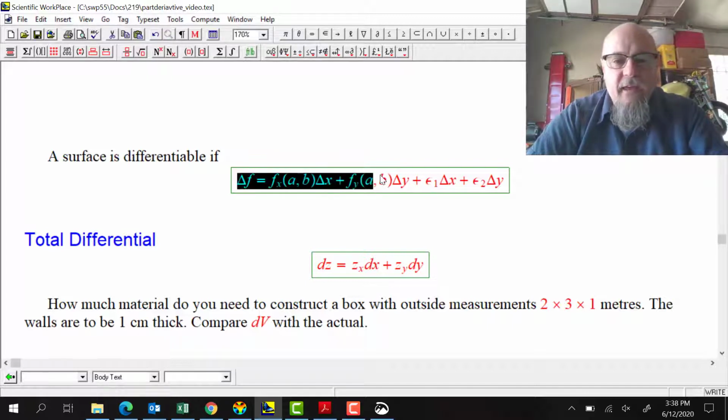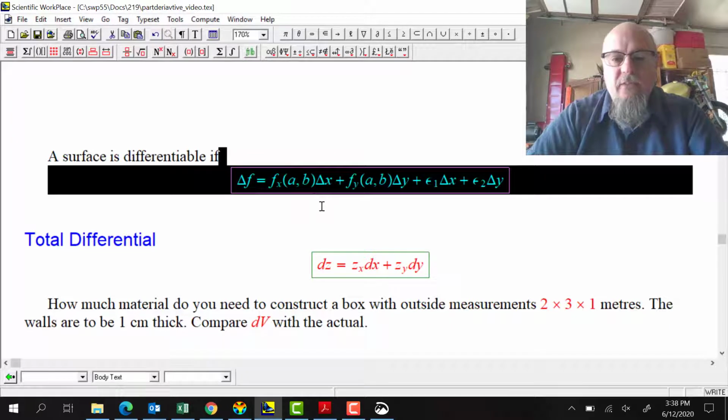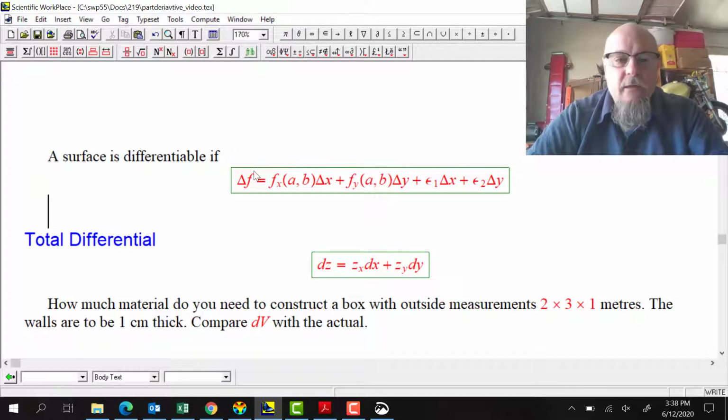All this is saying is there's the equation of the tangent plane. It should be an approximation, but it's equals because we put little error terms in, that's all. Again, this is just a restating of the equation of the tangent plane and saying if this is true, then the function, the surface, is smooth.